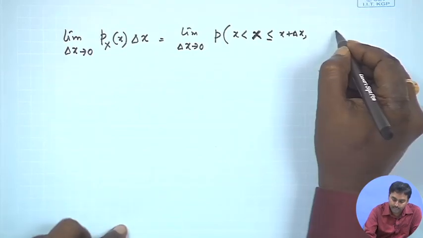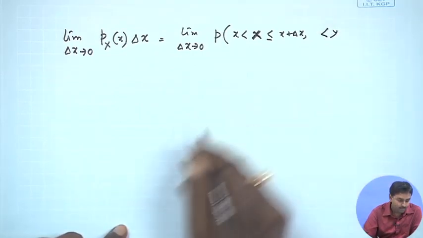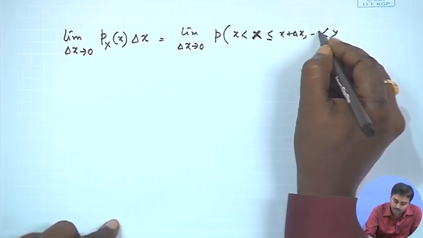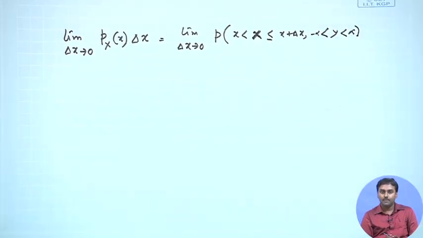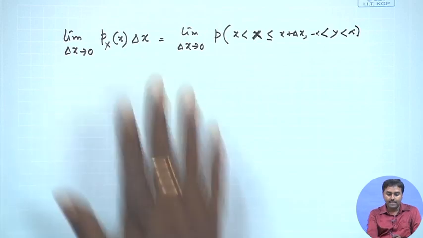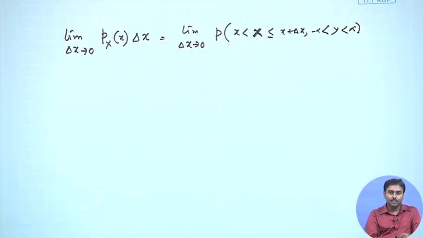So, y must be lying anywhere, from minus infinity to plus infinity. Because I am only interested in x, I restrict my x between x and x plus del x. So, that is my p x x into del x, where del x tends to 0.